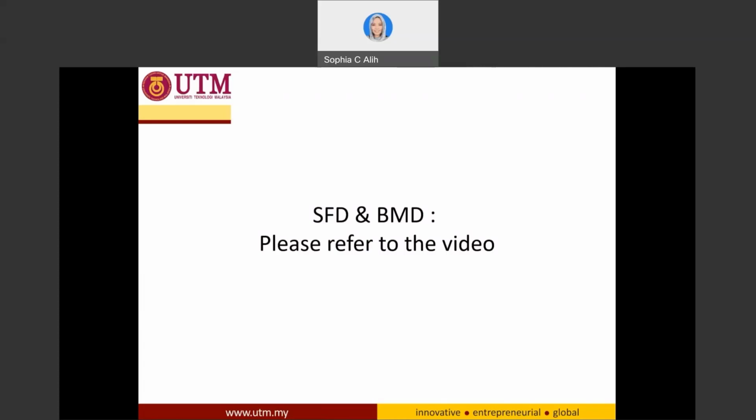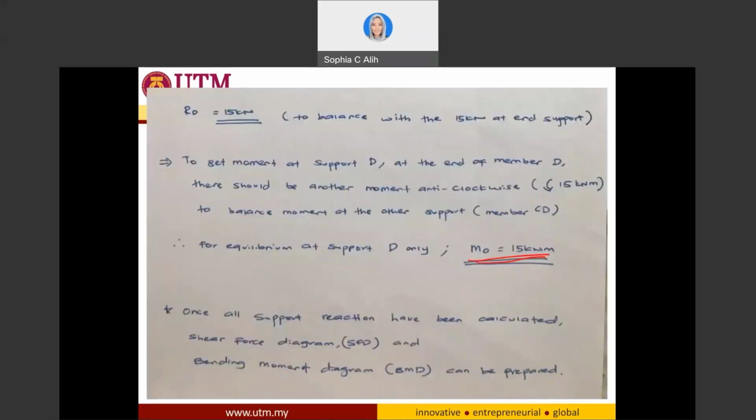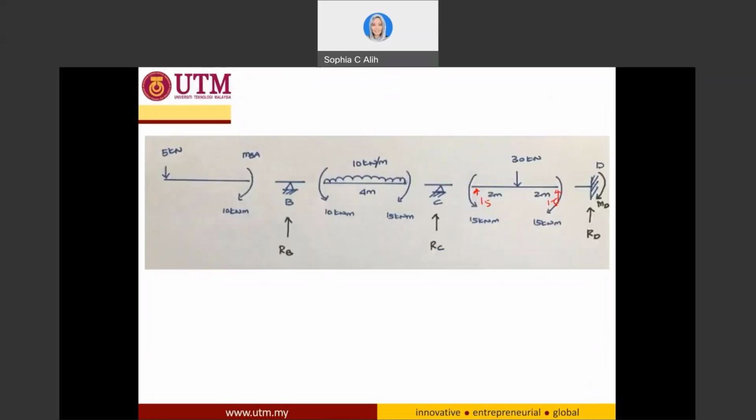And those of you who prefer to do it like in a continuous beam, you can also do it, whichever you prefer and whichever you feel comfortable with. So please refer to this video, shear force and bending moment diagram video, in order for you to see how you can draw the shear force and bending moment diagram for this example.